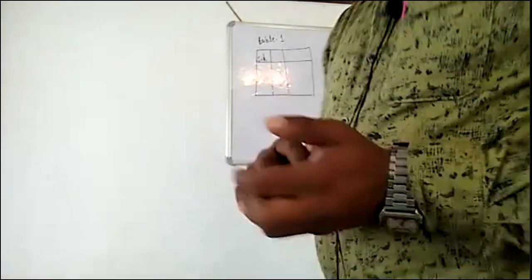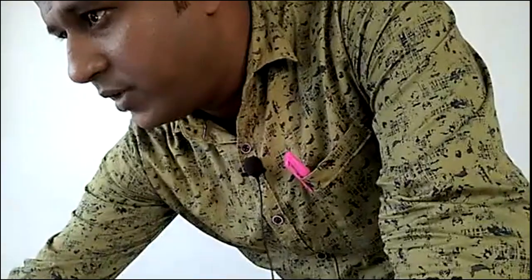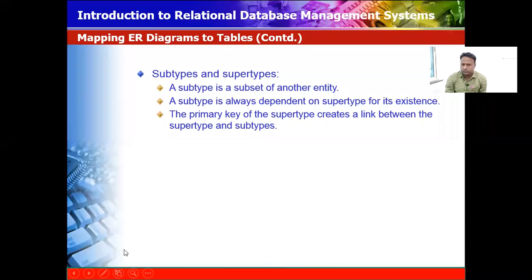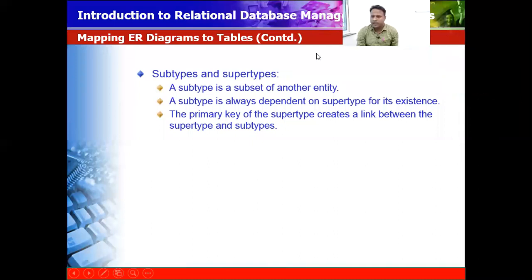So primary key and foreign key create a relationship between the tables.